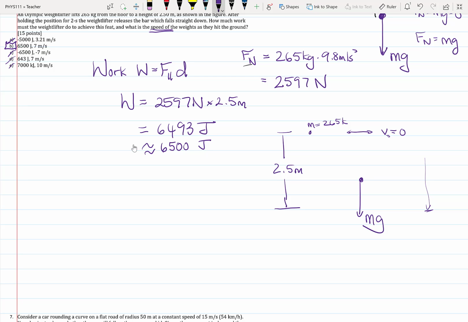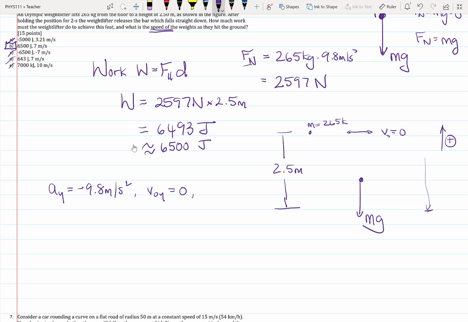So let's take a look at our equations. If we choose up as positive, then we've got the acceleration down in the y direction is minus 9.8 meters per second squared. We've got our initial velocity is 0. What else do we have?